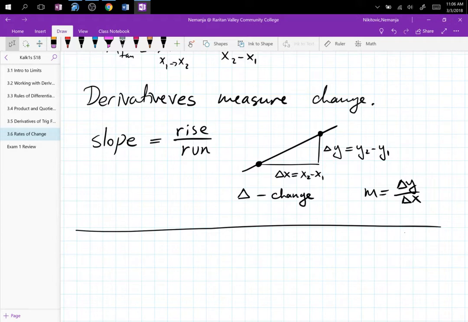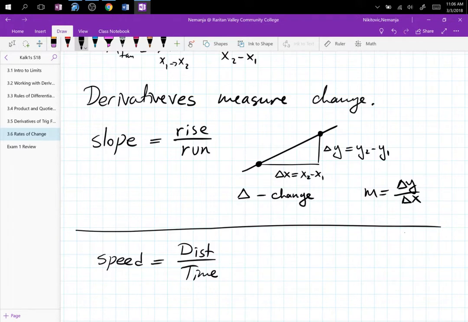So we start by understanding that speed is distance divided by time.